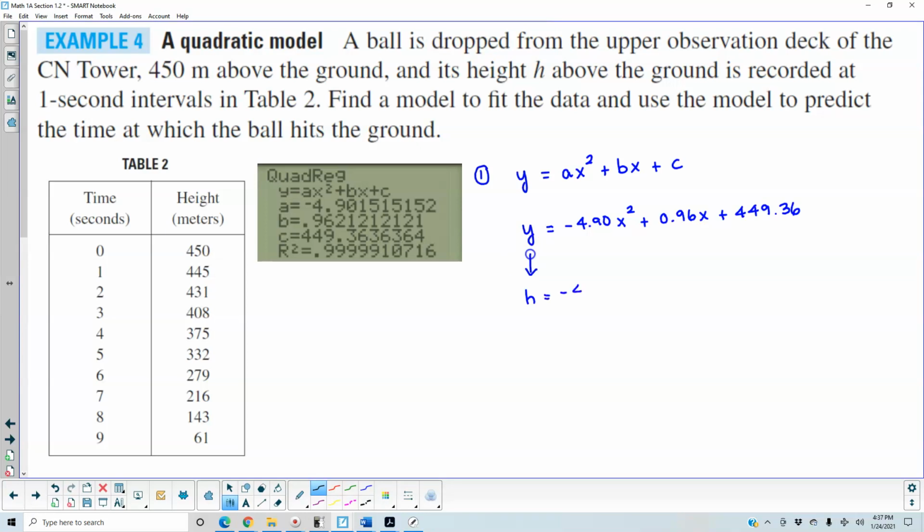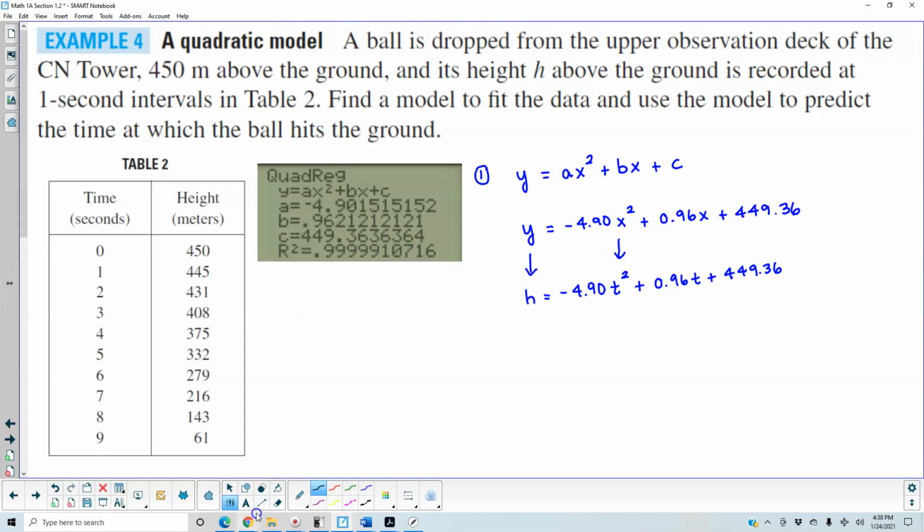And that's going to equal negative 4.90. Instead of x, we're using the time t. So that's t squared, plus 0.96t, plus 449.36.